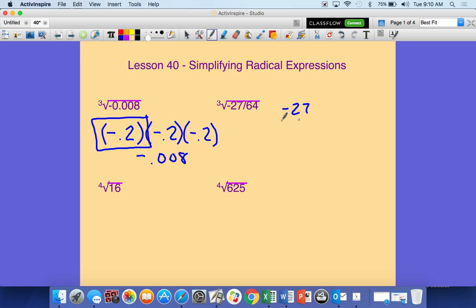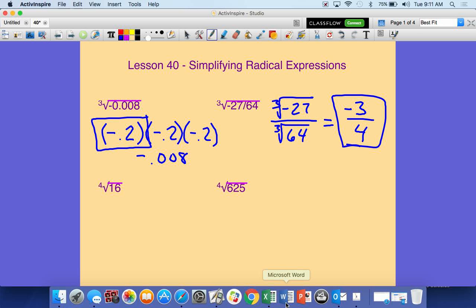We can go the cubed root of negative 27 over the cubed root of 64. What is the cubed root of negative 27? That is a negative 3. What's the cubed root of 64? It's a 4. And there would be our answer.